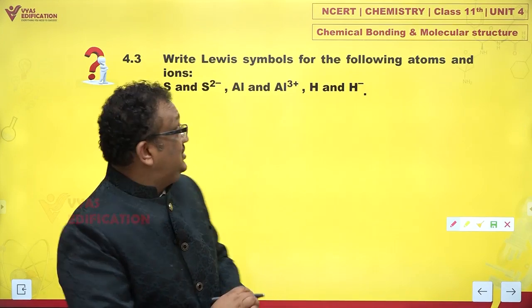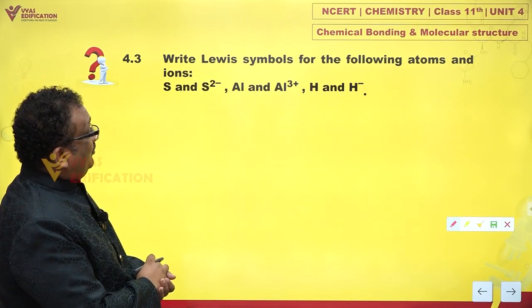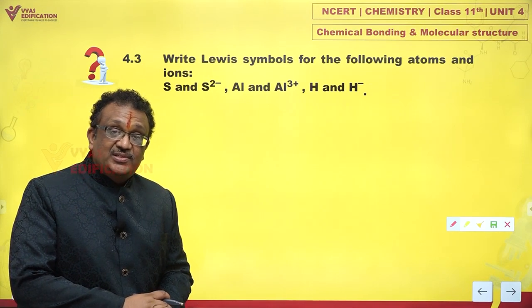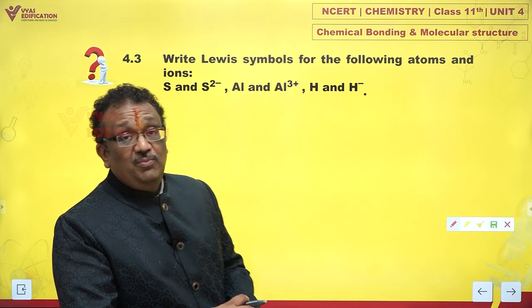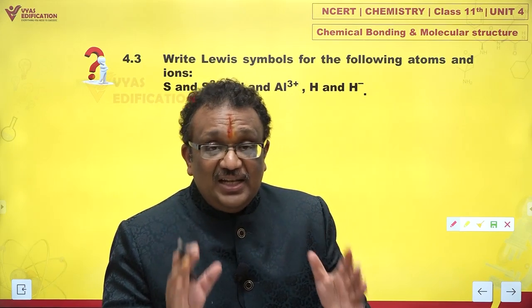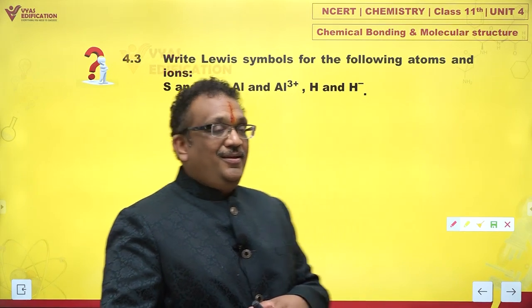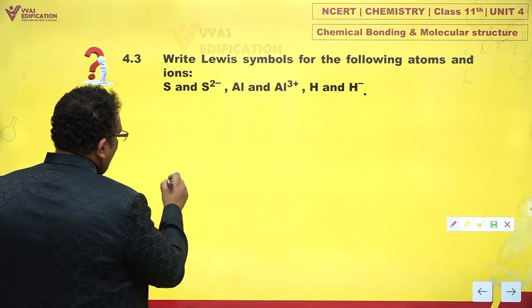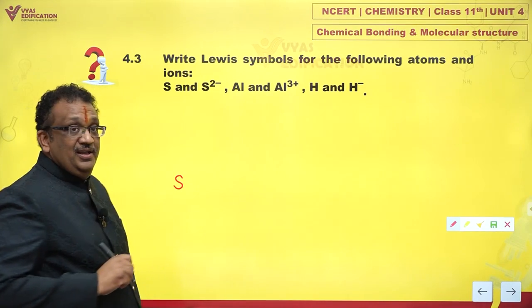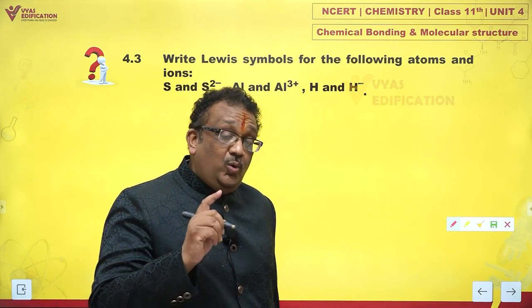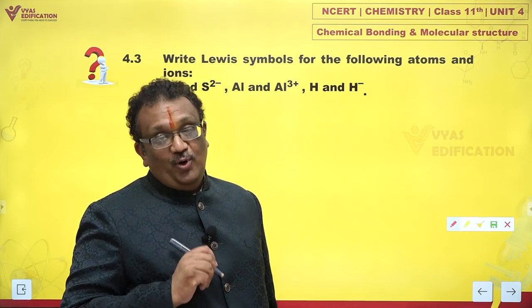The question says, write Lewis symbols for the following atoms and ions. And how do we write down the Lewis symbols? We write down the number of valence electrons as dots. So sulfur belongs to group 16, because I have memorized the periodic table.